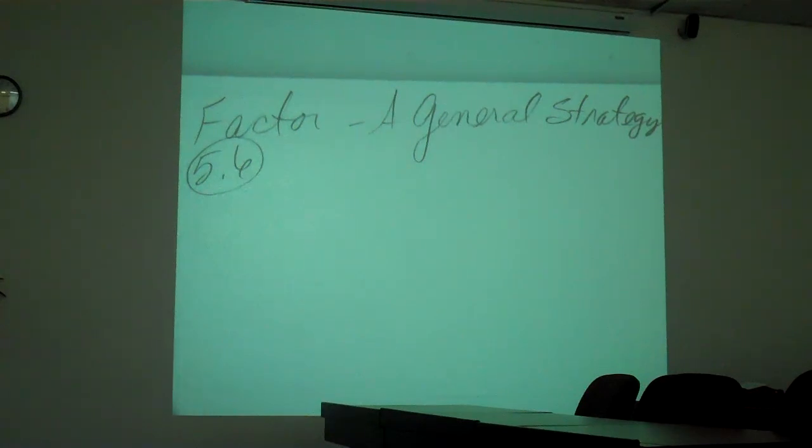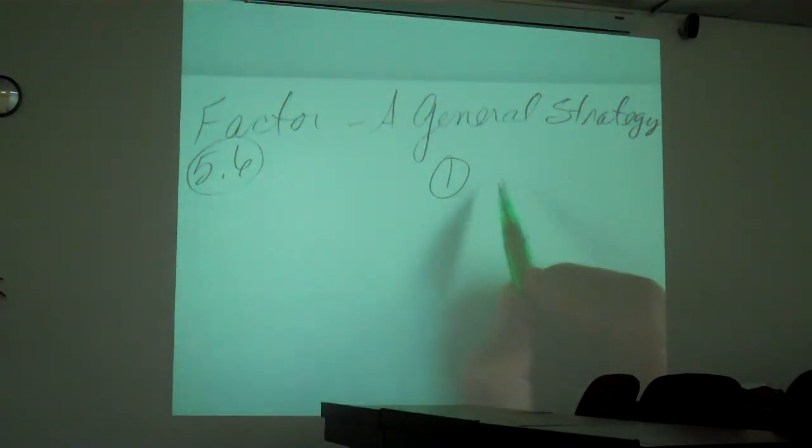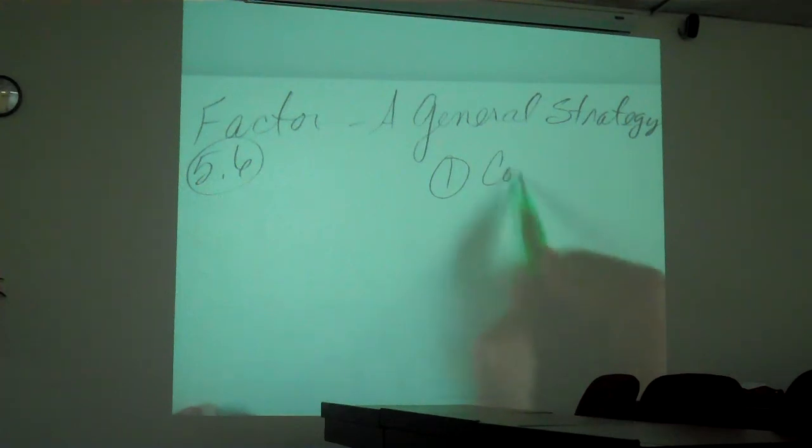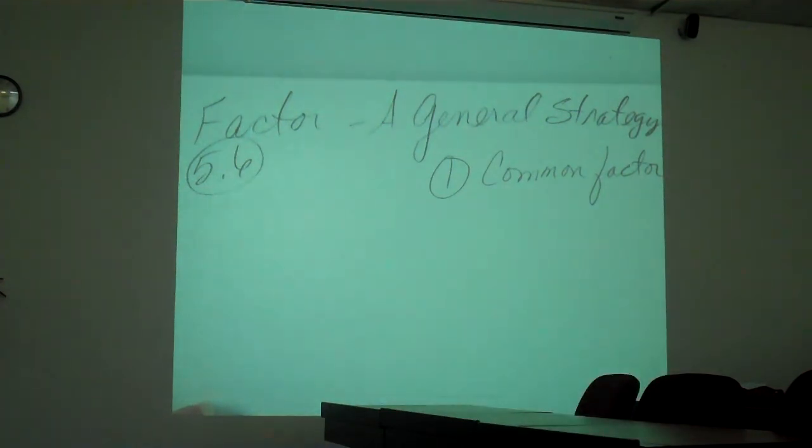So what you're going to do is look at the problem. The first thing you're going to do is say, can you factor a number or a letter out? Is there a common factor? That's the first thing you're going to look for. Is there a common factor? And you factor it out if there is one.